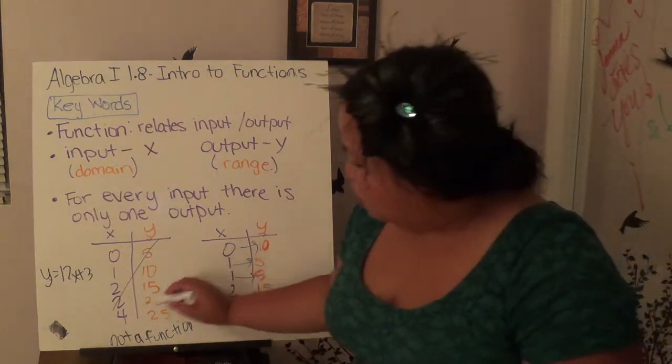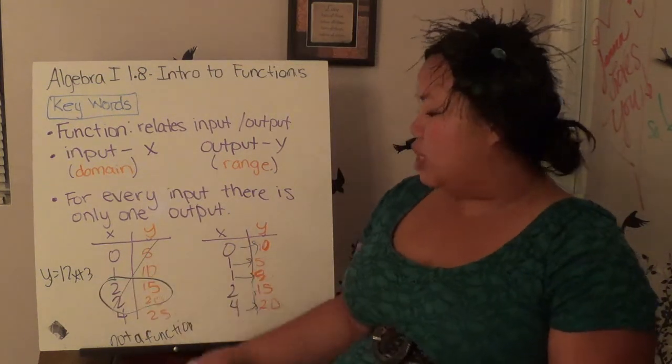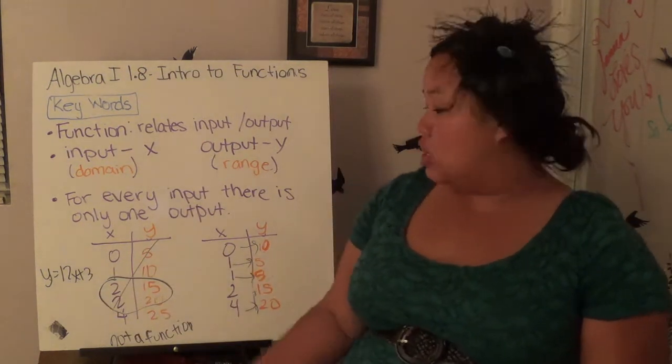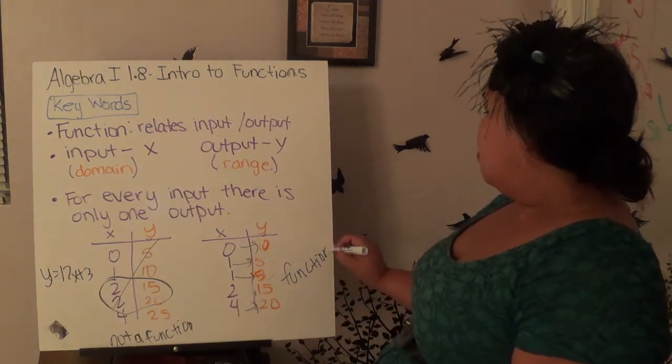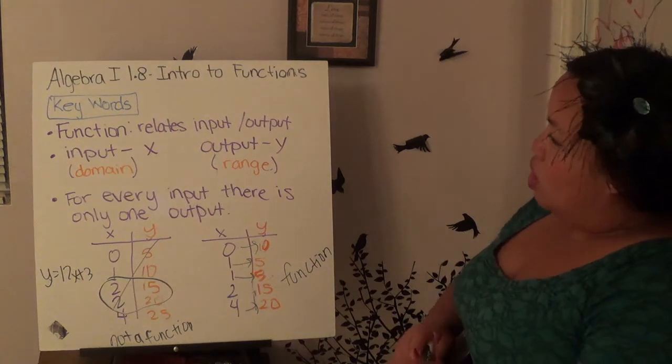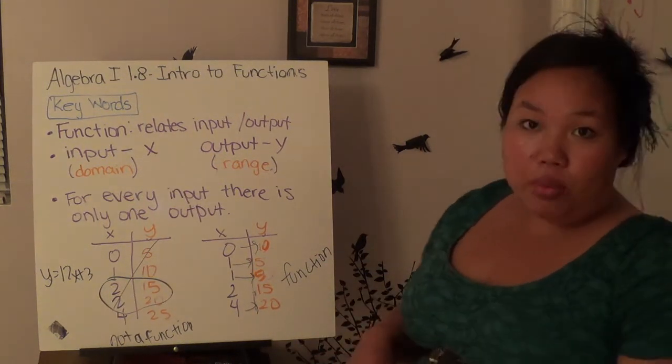So I can't have two different numbers right here. Okay, I put 2 in an equation, I get 15, 2 in again, and 20, it doesn't make any sense. So this is not a function, this is a function. Right? So go ahead and pause, write that down, and I have one more board, and you're all set.